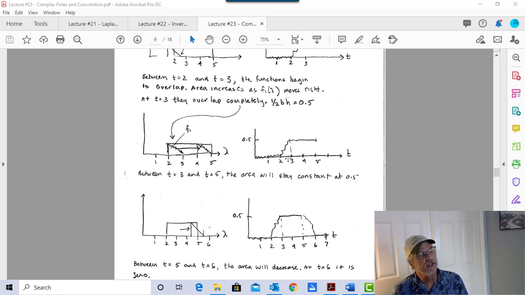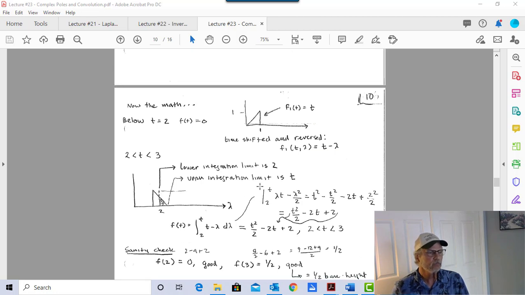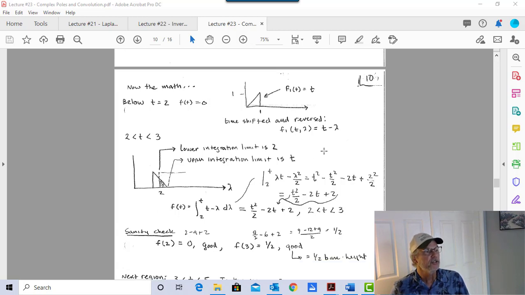So what we're going to start by doing is get this little wiggler right in here and get its mathematical function. So we're going to use the definition of convolution, and we're going to use that to set up our integral.